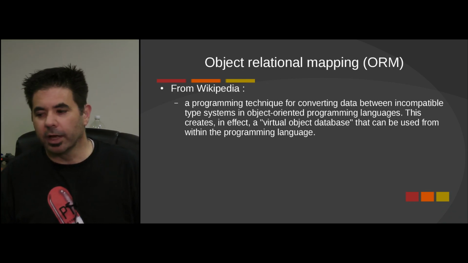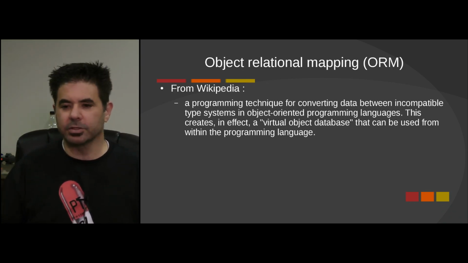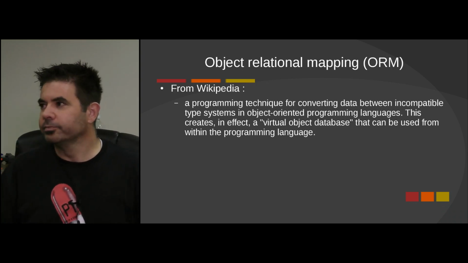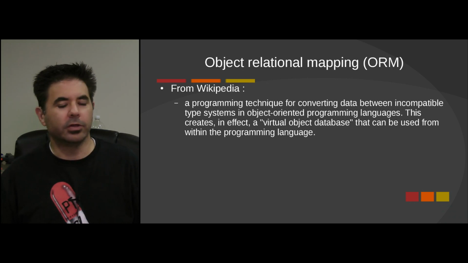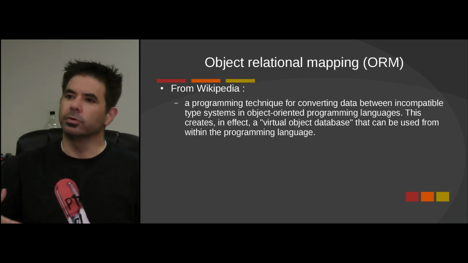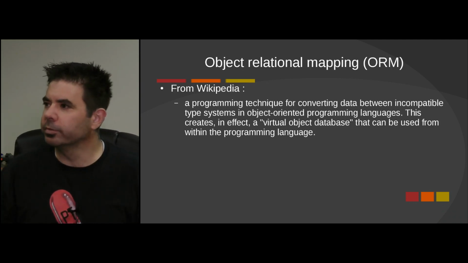So essentially, you have the ability to use objects when behind the scenes you're talking to database tables. And then you can use object methods to work through the relationships between those tables.